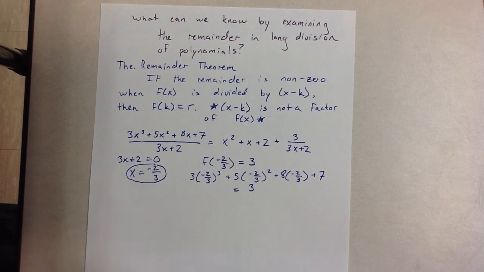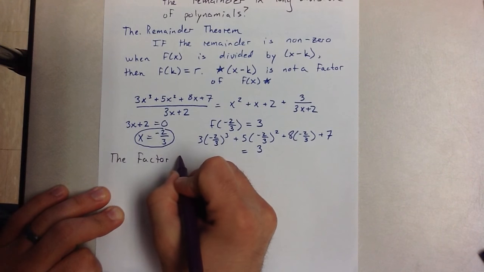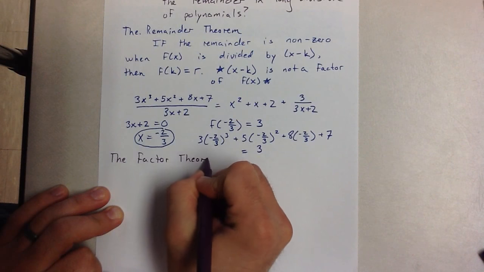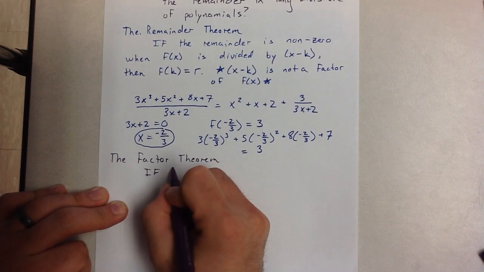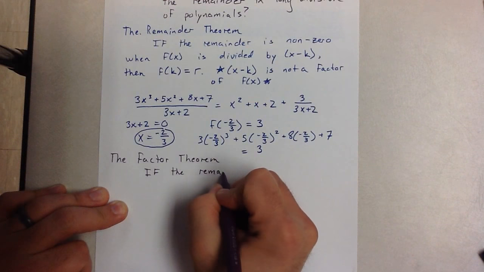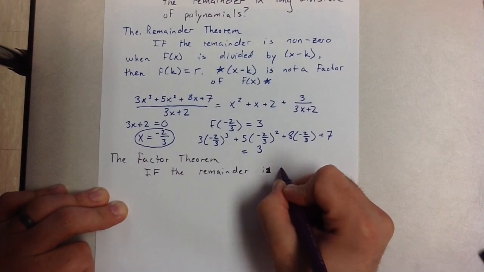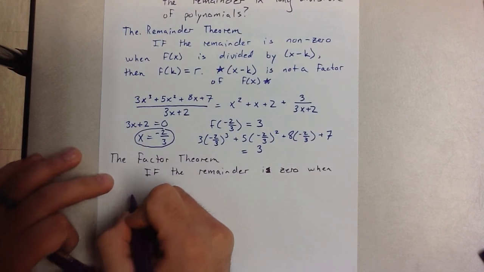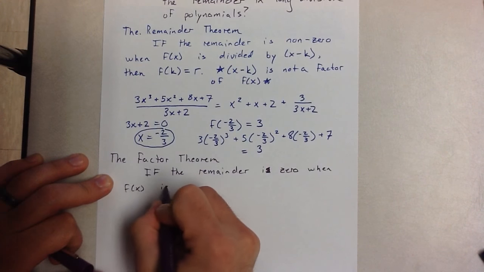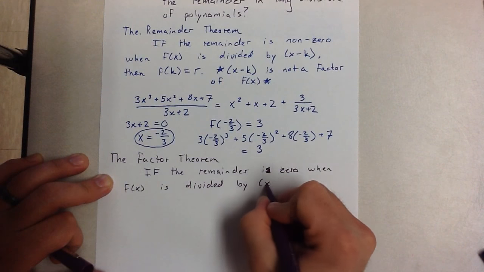Then we have something called the factor theorem. The factor theorem says, a similar story, if the remainder is 0 when f of x is divided by x minus k.